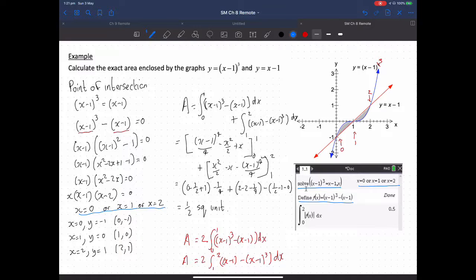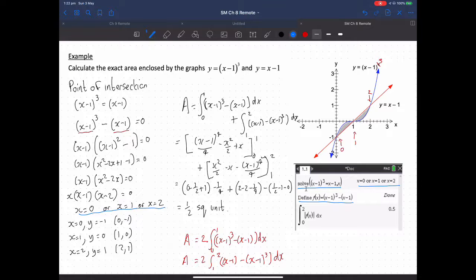Now we know the problem with these questions is that the height becomes negative. So if you look at the integral, I worked out the integral from 0 to 2 of the absolute value of f(x) dx.